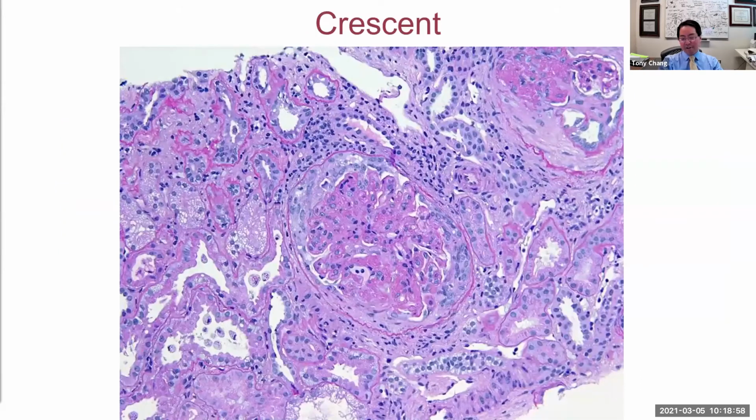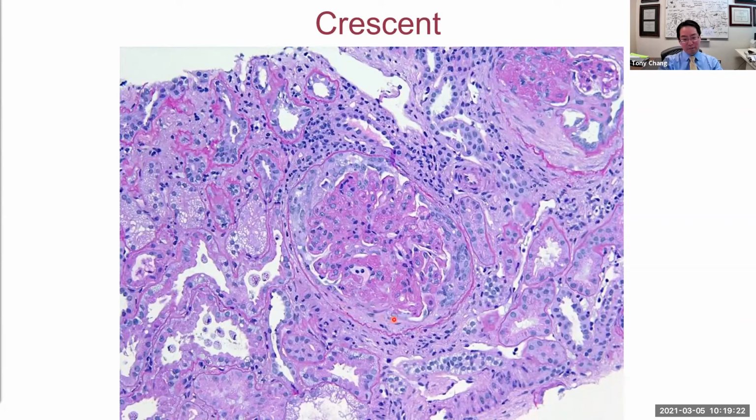And here's another nice example that I like to illustrate, to remind us that the biopsy is a snapshot in time. In this image, up here on the upper right, this crescent is now pretty much a fibrous crescent, so this is the oldest injury. And in the glomerulus in the middle, we actually have two crescents, basically.